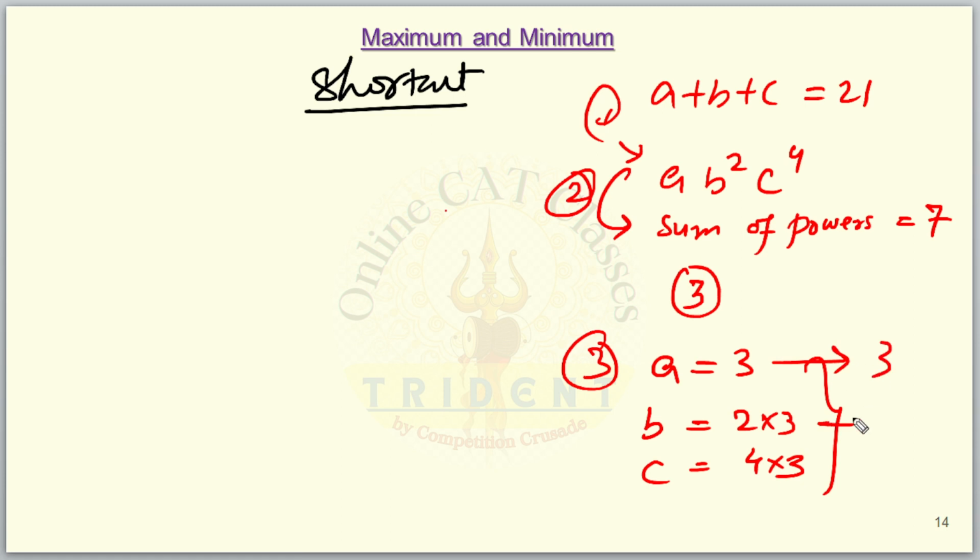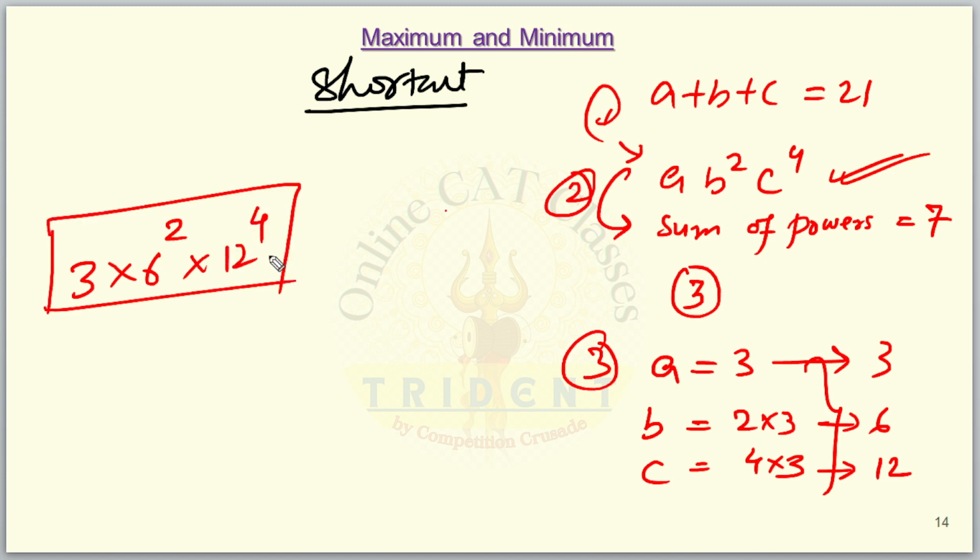This is 3, this is 6 and this is 3 4s are 12. We were supposed to find out the max value of the product, and the max value will be 3 into 6 square into 12 raised to the power 4. So this is a typical shortcut that you can also use. This works with simple numbers. All right, thank you.